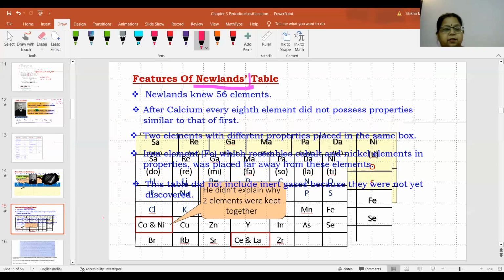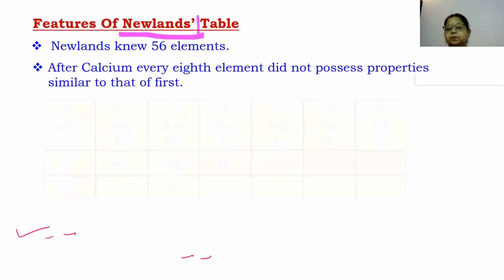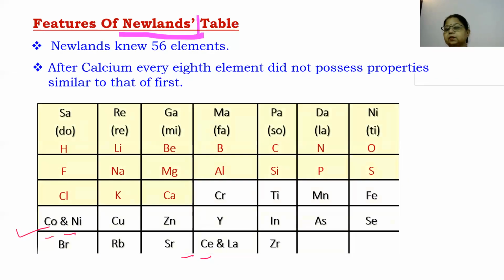Anybody? This is cobalt and this is nickel, right? And then this is cerium and lanthanum. Just in order to accommodate or explain a few things, he kept certain elements together, right? That was one of its drawbacks.